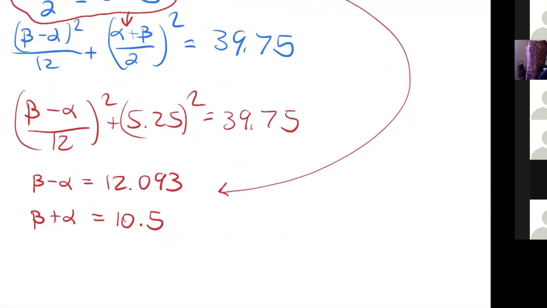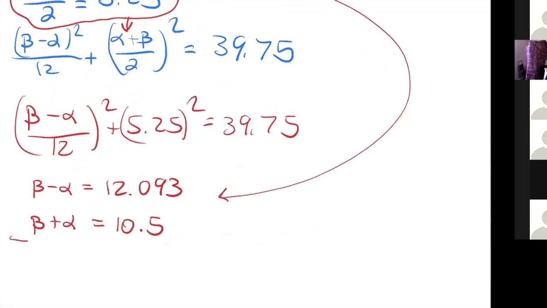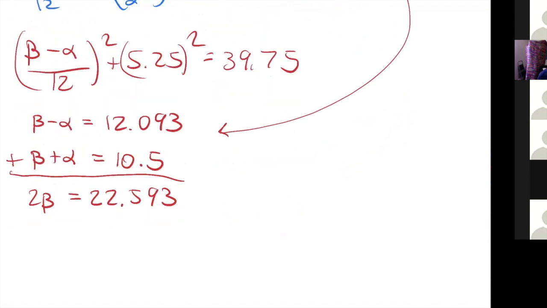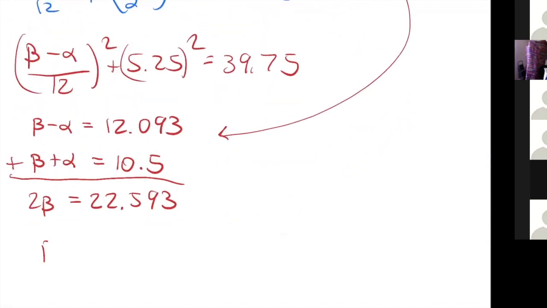And now we do have a nice linear system, so we can just add these two equations together and get 2 beta is 22.593, and then dividing that by 2 is 11.297.